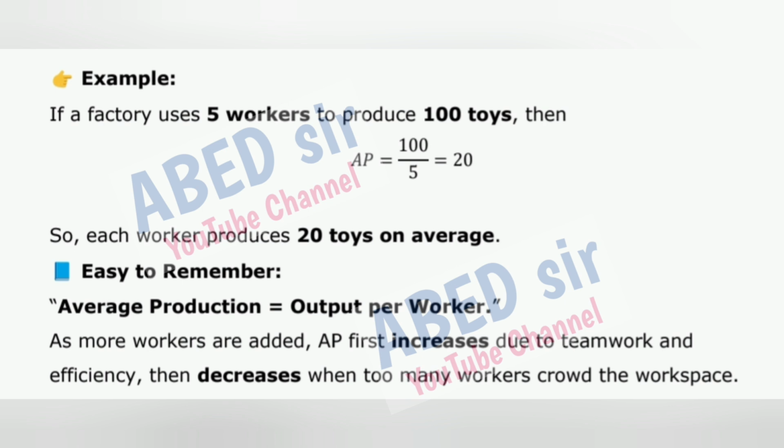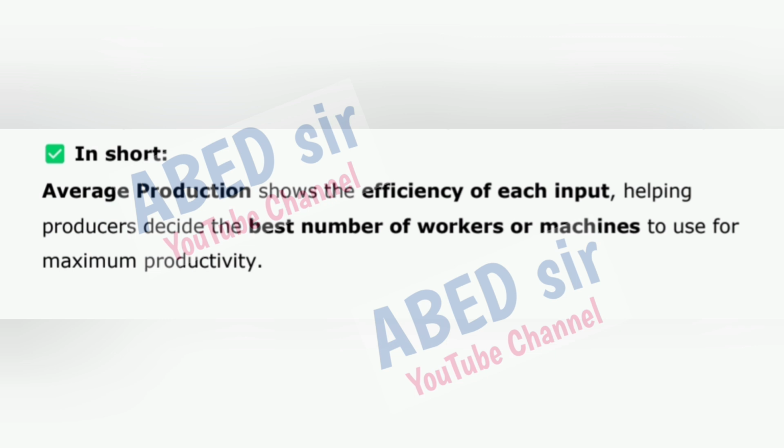As more workers are added, AP first increases due to teamwork and efficiency, then decreases when too many workers crowd the workspace. In short, average production shows the efficiency of each input, helping producers decide the best number of workers or machines to use for maximum productivity.